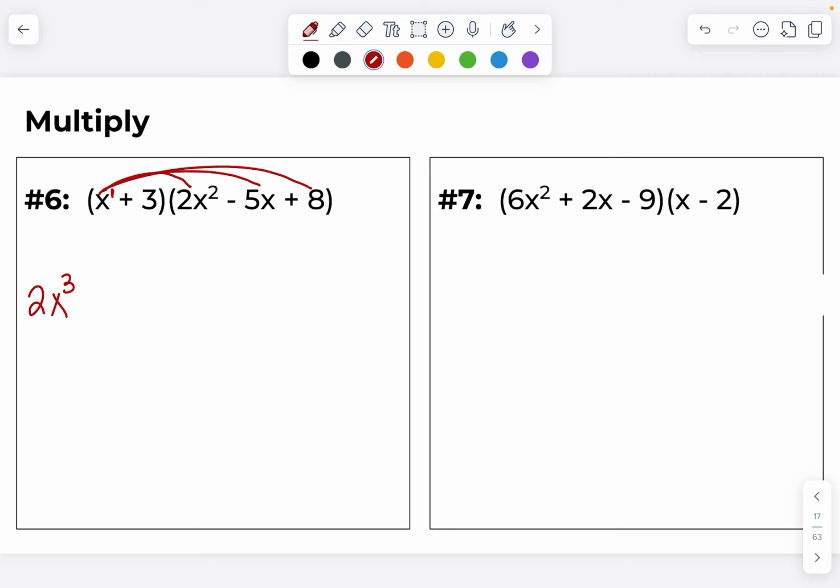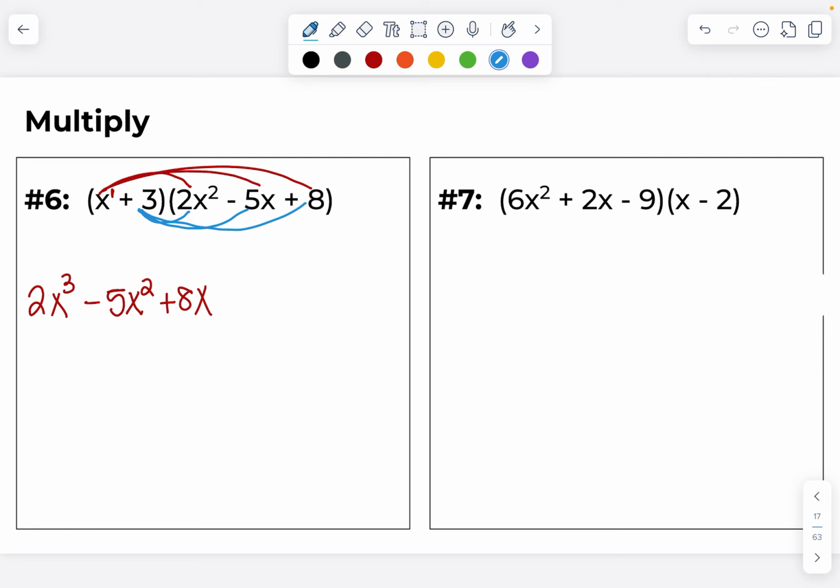So 1x times 2x squared gives me 3x's in total. Okay, x times a negative 5x is going to give me a negative 5x squared. x times a positive 8 is going to give me a positive 8x. Then I'm going to take this positive 3 and distribute it to each of the three terms in that second pair.